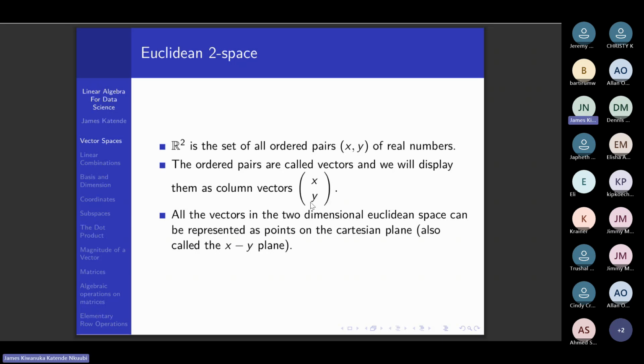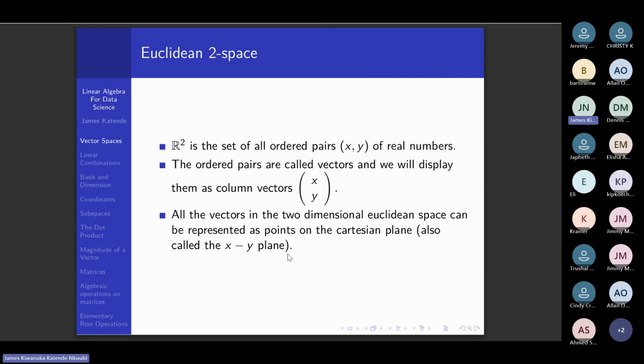So this is not new to you. It's just the Cartesian plane, because any of these vectors can simply be represented as a point on the Cartesian plane.